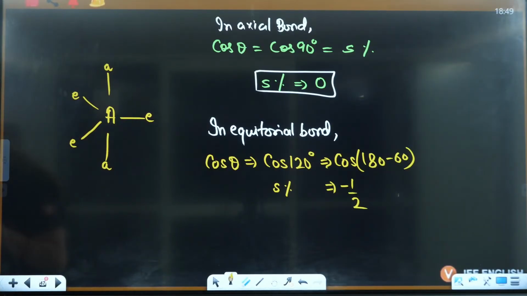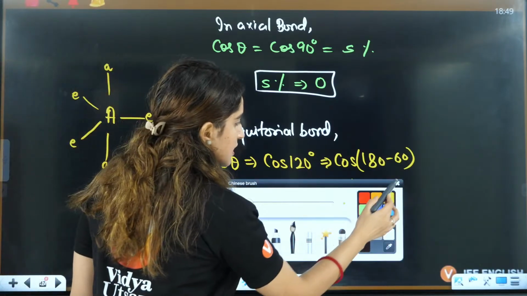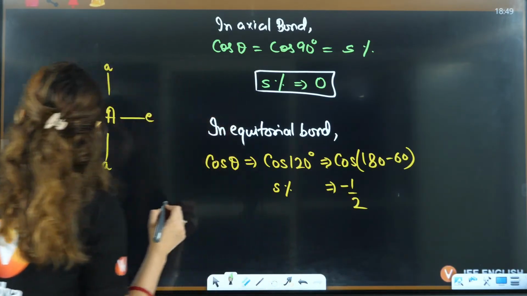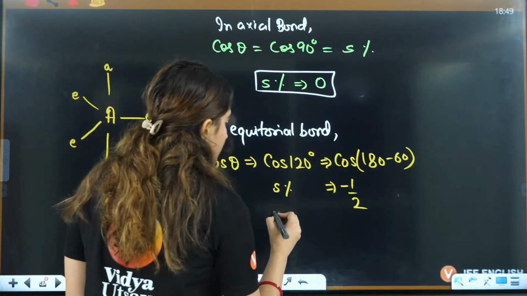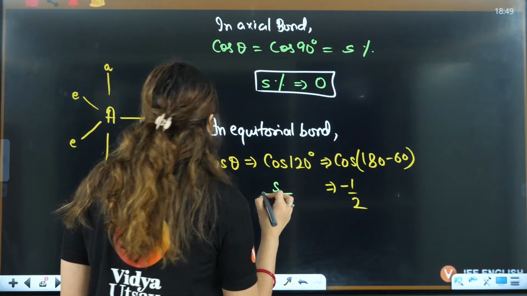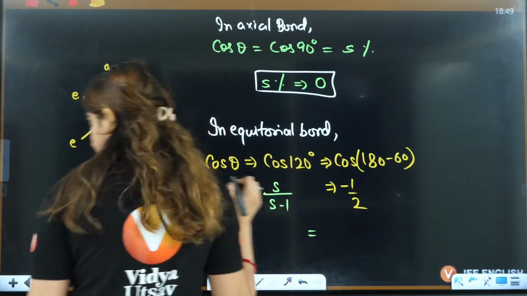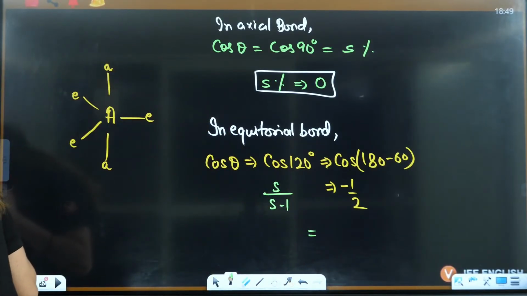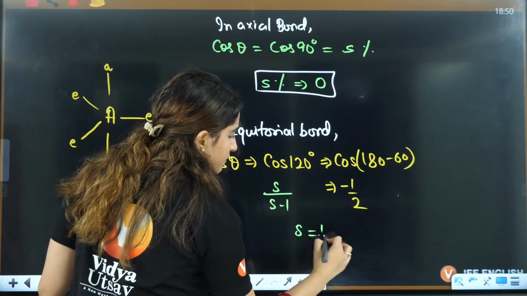Now I will solve this value: it was s by (s minus 1), into 100. When you solve this, the value of s is coming out to be 1 by 3. You can solve it yourself.